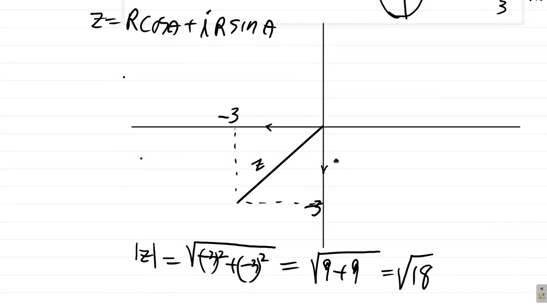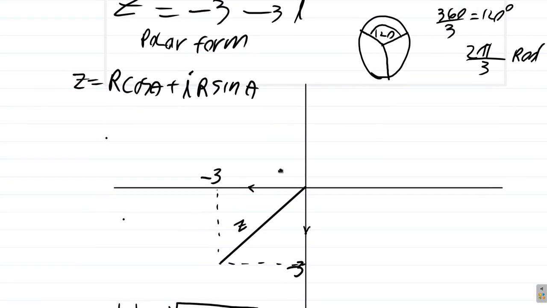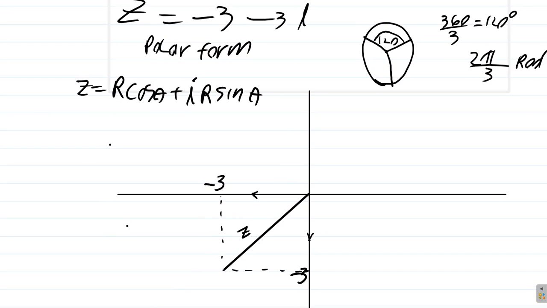So we have r, the magnitude of z, which is the square root of 18. Now we need theta, the angle. Remember, theta is measured from 0, which is here, in an anti-clockwise direction.